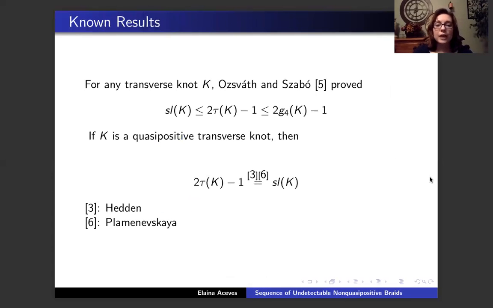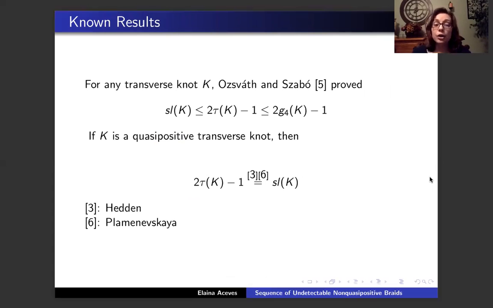So what are some results that are relevant to the talk today? We know Ozsváth and Szabó proved that for any transverse knot, we have the following string of inequalities. The self-linking number is less than or equal to 2 times the tau invariant minus 1, which is less than or equal to 2 times the 4-ball genus minus 1.